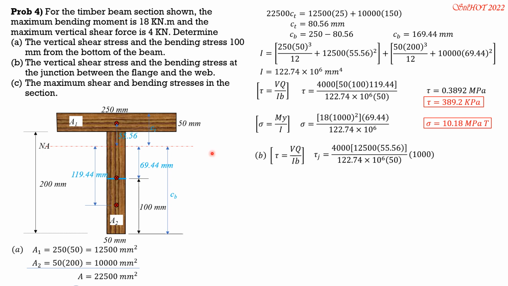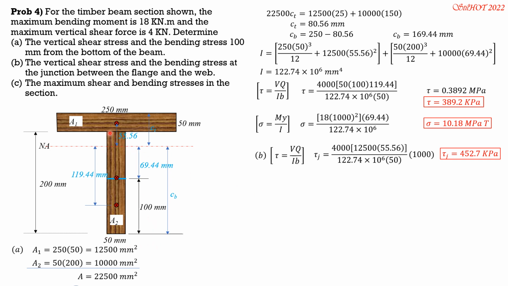So it is 50, then we multiply by 1000 to convert shear stress at the junction to kilopascals. So the shear stress at the junction between the flange and the web is equal to 452.7 kilopascals.